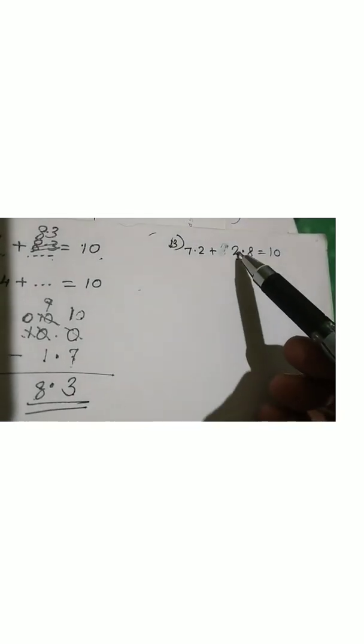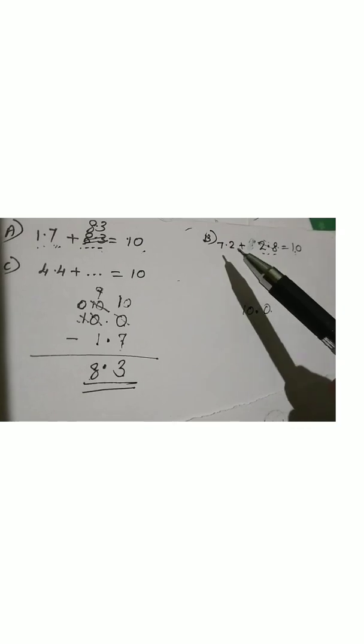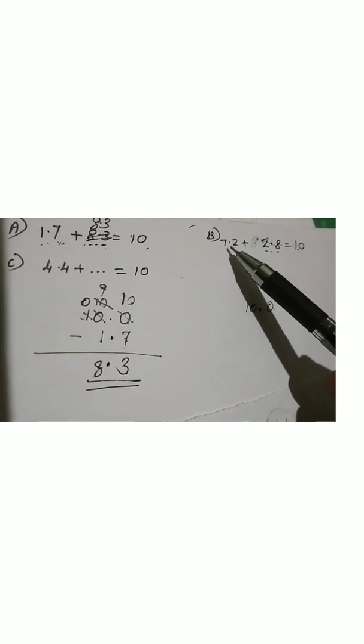Now you got it. Now when we are adding we have to get 10. So here 10.0. Here 0.0, that is because we have to avoid mistakes. So we can keep 10 because we are subtracting decimal numbers from this whole number.